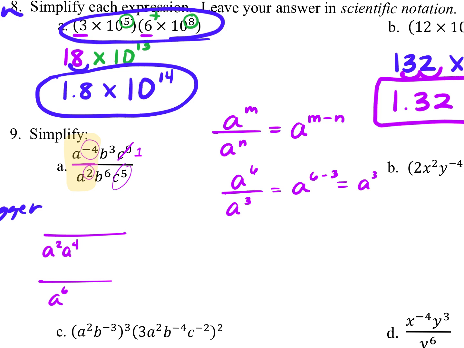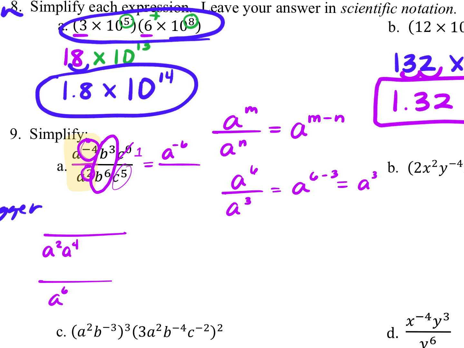The other way you could do it is you could subtract them. It's -4 minus 2, which is going to put A to the -6 on top, which then you would move down to make positive, and you would get A to the 6th on bottom. So it is totally up to you which one makes more sense. I don't care. They both work. They're both great. Okay? What's going to happen with the B's?